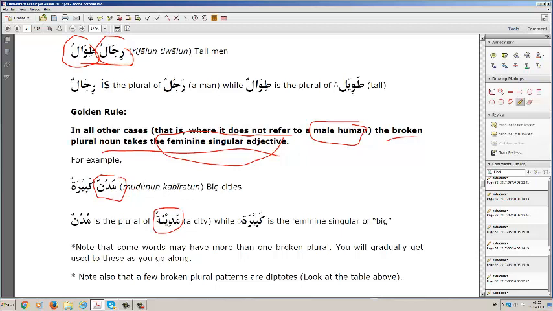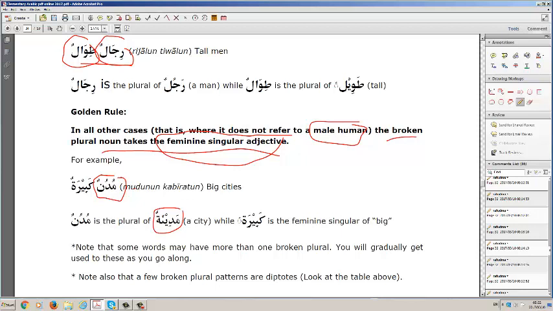Madinatun also means a city in general. So you say, for example, Cairo or Qahira in Arabic is a Medina, is a city. Now the plural of Medina is Mudunun. Mudunun means, of course, cities.